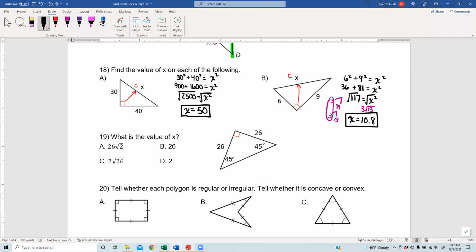Wow. X is right here. That's our x. Now, our template for a 45, 45, 90 triangle says this side, I'm going to do a cursive x here to represent our template. That side's x, that's x, this is x square roots of 2.